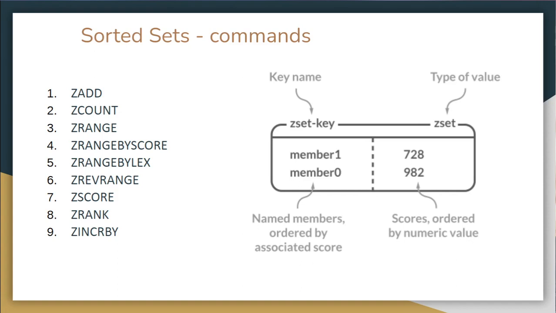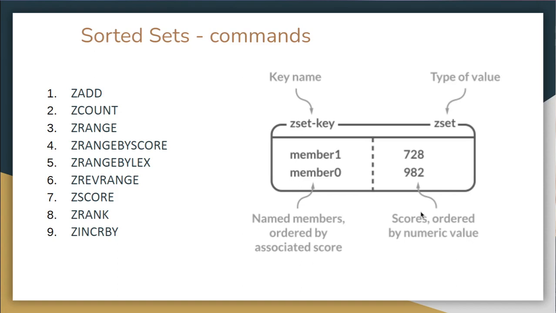Then ZRANGEBYLEX, which I will discuss later. ZREVRANGE is the opposite iteration; forward iteration and reverse iteration are both there. ZSCORE gives the score of the respective key. ZRANK: the rank is nothing but the index in the sorted set. ZINCRBY lets you increment the respective values.